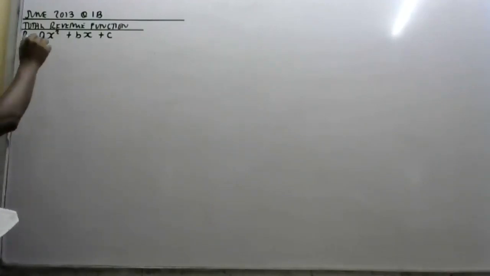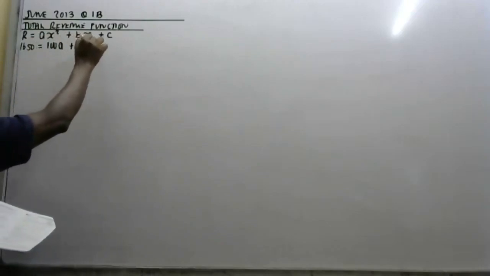Then we start substituting the values. The first one is 1650 equals, X is 10. So 10 squared is what? 100. So 100A plus 10B plus C. And this one you call equation number 1.